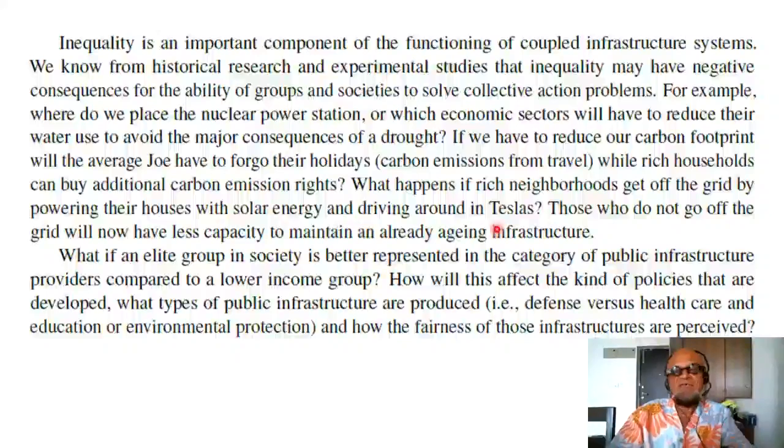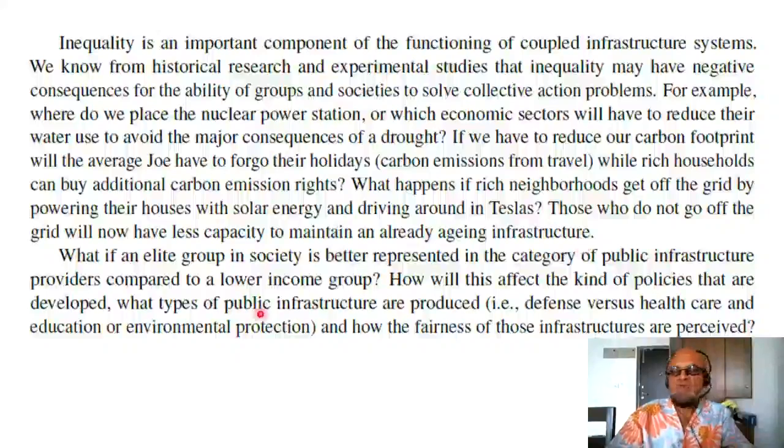They are using the infrastructure and their wealth to create their own action situation to do things they want, then that can have a negative outcome in terms of equal access to roads, energy, and so on. Those who do not go off the grid will now have less capacity to maintain an already aging infrastructure.